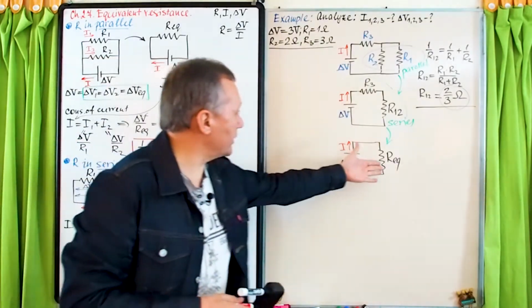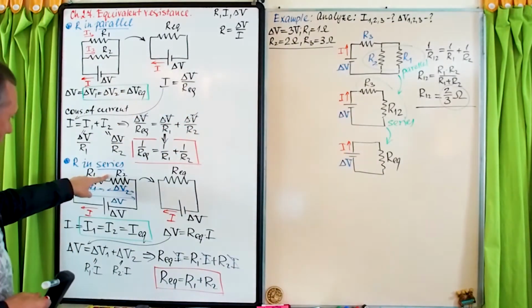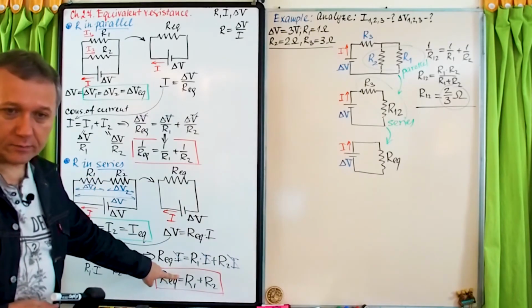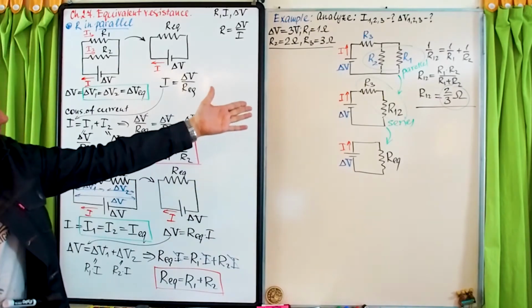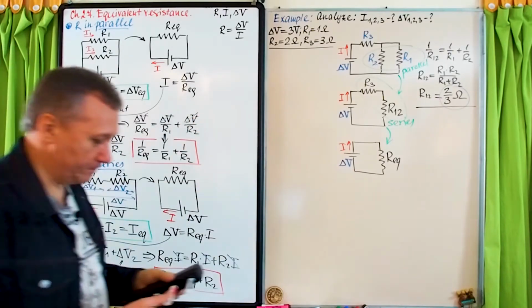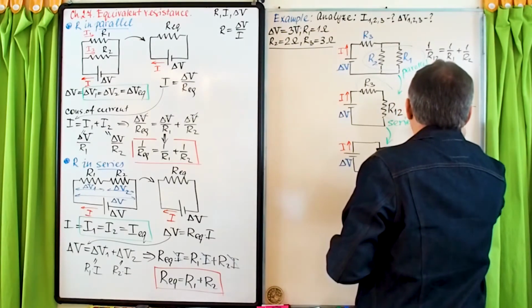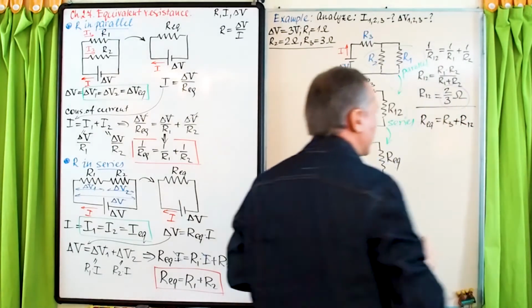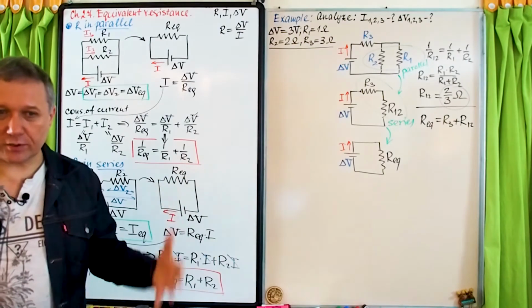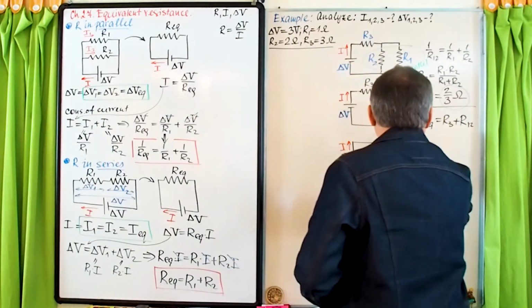Okay, and now of course let's find R equivalent. Series case, we need to add resistances, in this case R3 and R12. So R equivalent equals R3 plus R12. So far no objections, I hope. Now we can plug in numbers.